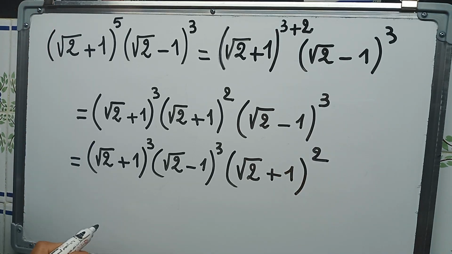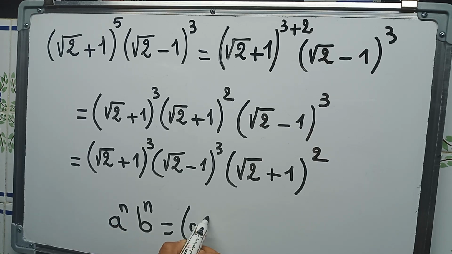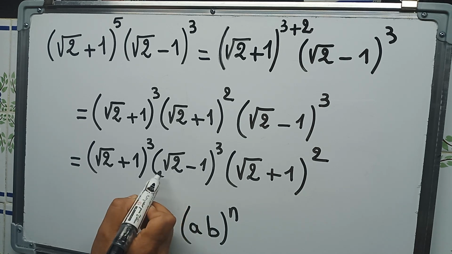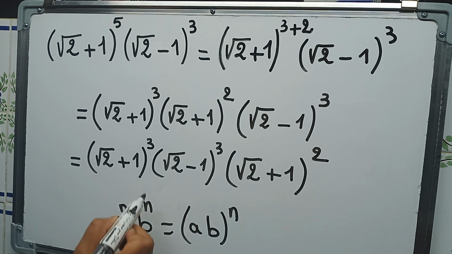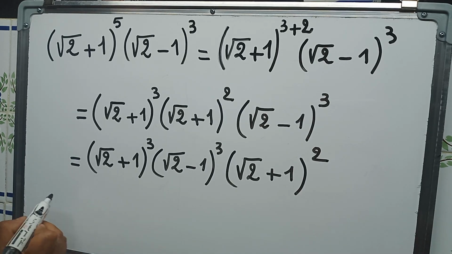And we know that a to the power of n times b to the power of n is equal to ab to the power of n. So we will use it here with a equals square root of 2 plus 1 and b equals square root of 2 minus 1 and n equals 3.